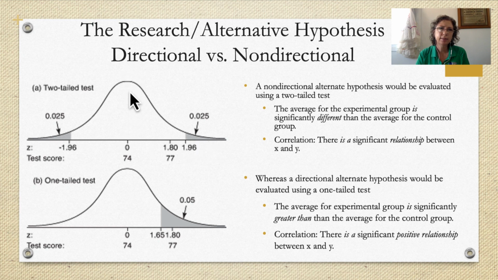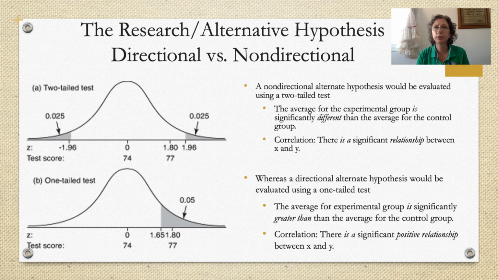The test estimate could be in this little tail or this little tail to be considered a significant test estimate. But anywhere in the middle would mean that it's not a significant test estimate. And that's if we were saying the average for the experimental group is significantly different than the average for the control group. Again, not saying which one's going to be higher or lower.